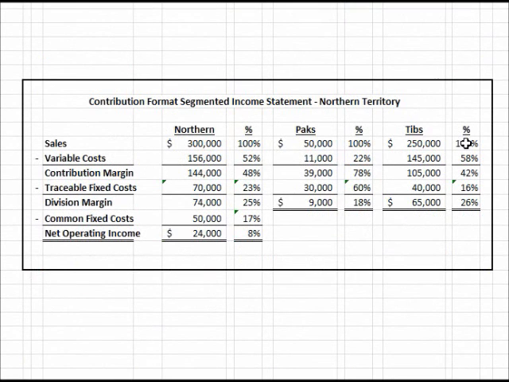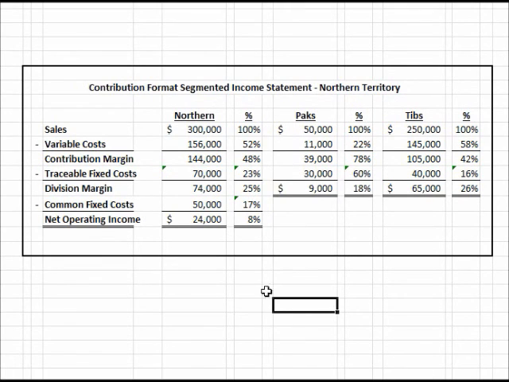So we break that down even further, and what do we know about what's going on inside that division? Well, we got two different products. We got the TIBs, we got the packs, and what do we know about those particular products? Well, it looks like both of them will make up that $300,000 in sales, but the TIBs makes up most of what we have going on.